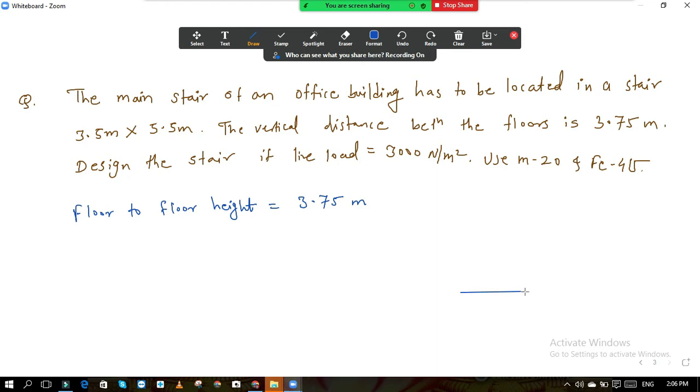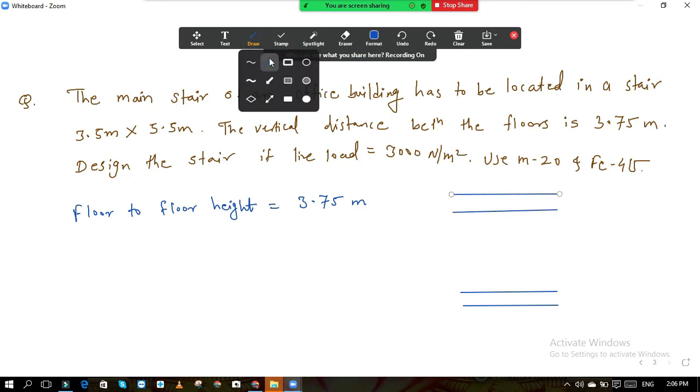Suppose now this is your first floor. Here it is your first floor. And here somewhere your second floor is there. Then normally what we do, we construct the staircase to move from the first floor to the second floor. I will now roughly draw. The staircase will be like this. Okay.